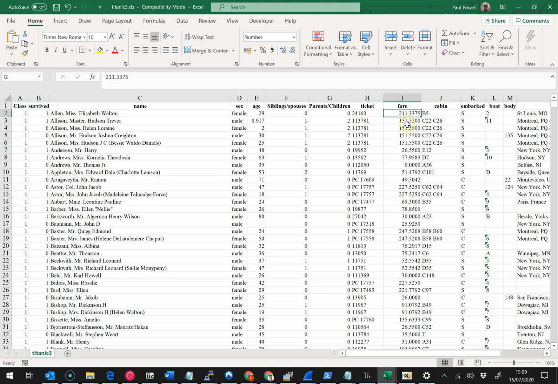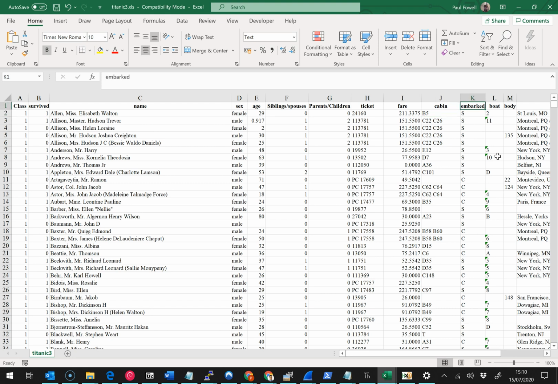When you broaden it out, you can see the amount of money actually appears. So this is the fare that they would have paid. Next is the cabin. The cabin is made up of a deck number, with deck A being at the top and I think deck F or G down at the bottom.